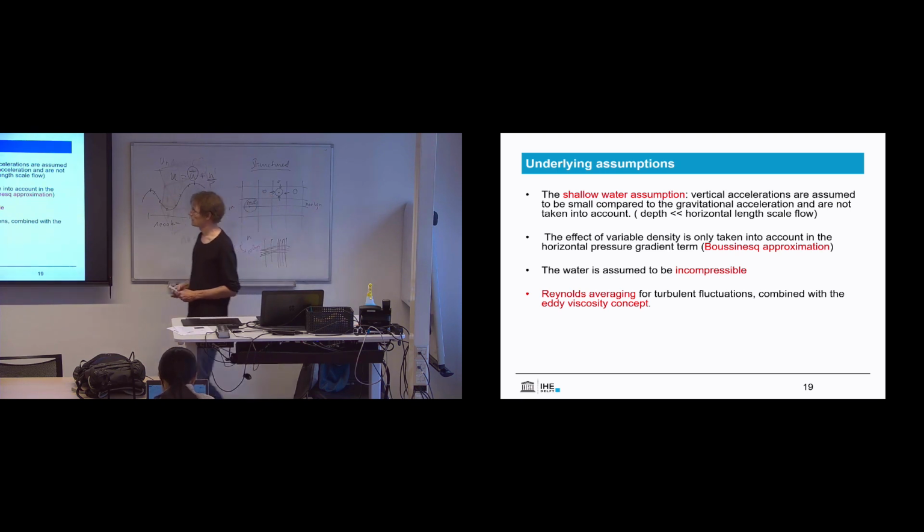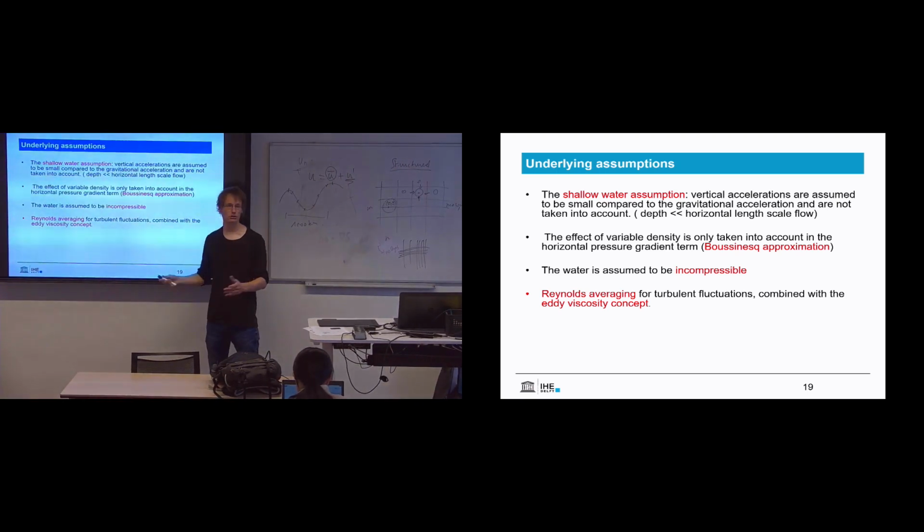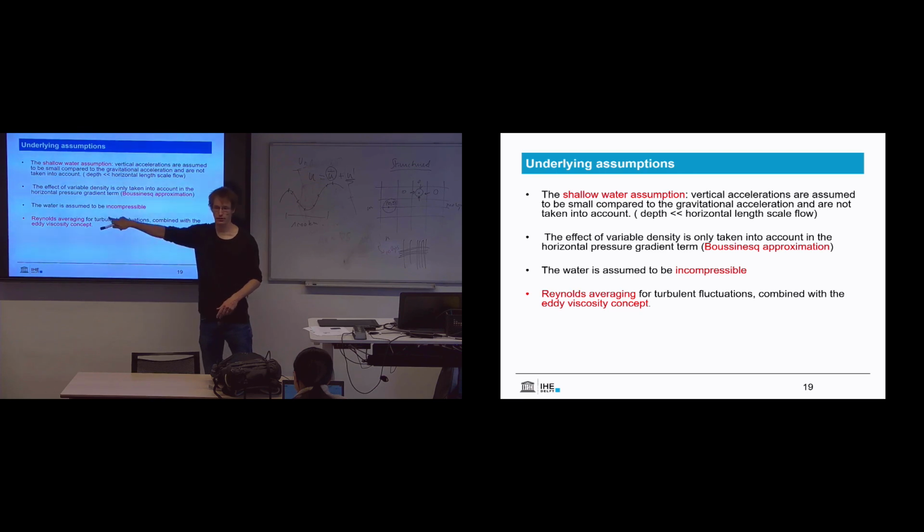And that basically means that we need a turbulence model if we work in 3D. So be it an algebraic one, a k-epsilon one, or some other variant, we need a turbulence closure, which allows us to calculate turbulent quantities that can then be converted to a vertical viscosity that closes our equations. Because we need a vertical diffusion term in the 3D equation.